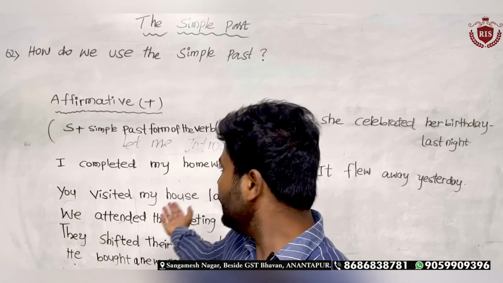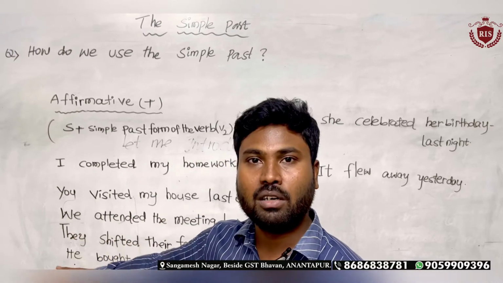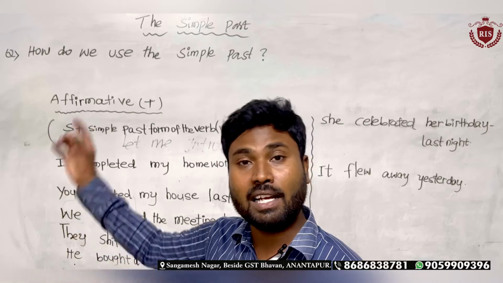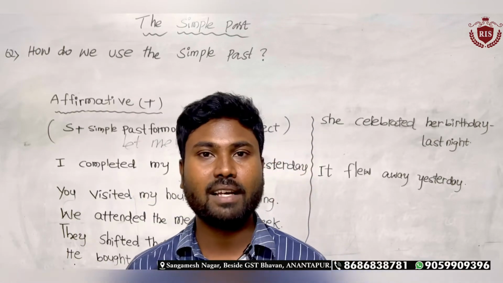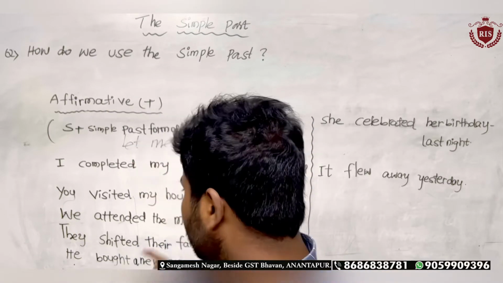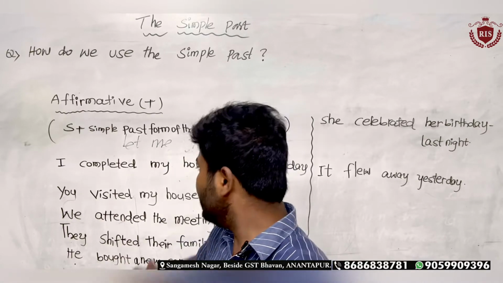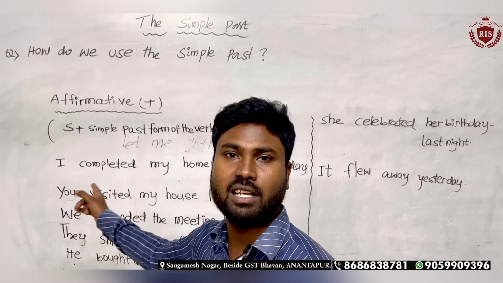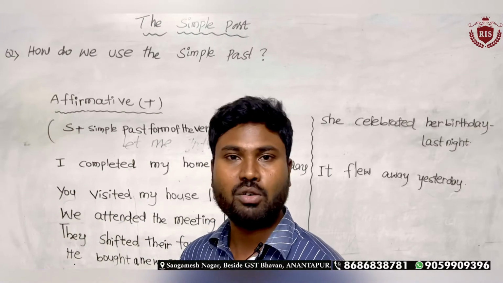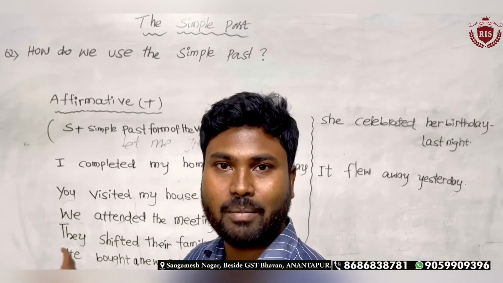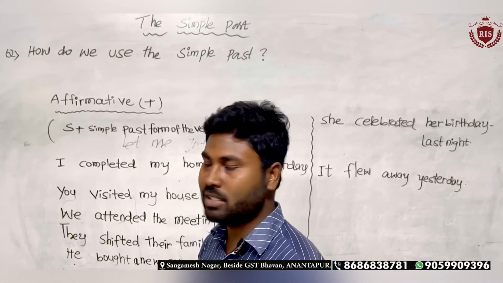Here we need not divide the pronouns for the auxiliaries, as we did in the simple present. And when we talk about the affirmative sentence, the positive sentence, we need not use any auxiliary because that is a statement, right? Affirmative sentence, declarative sentence.